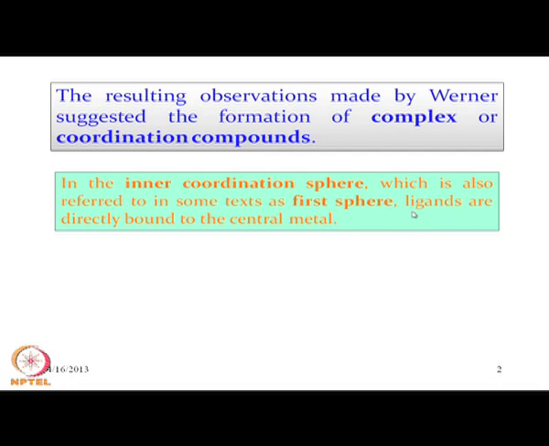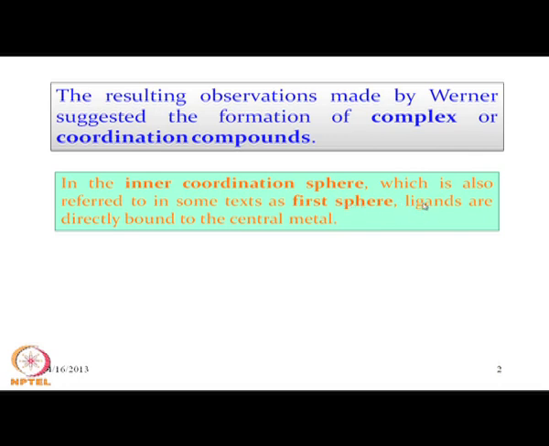This is the new term we are introducing. Afterwards, in the next class we will discuss these ligands and what they basically mean. Right now we can consider that it is related to something which is going to bind to the metal center.